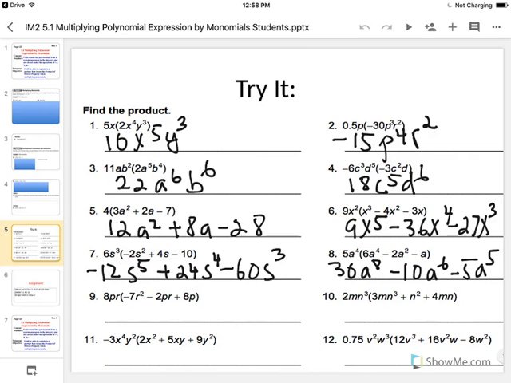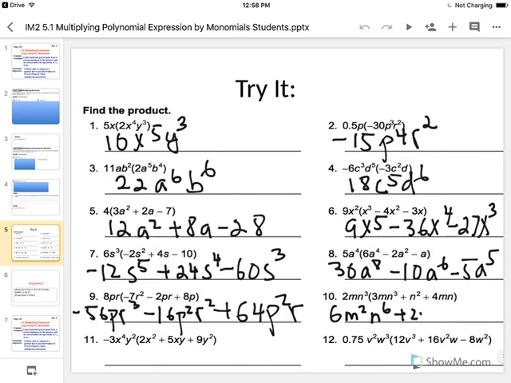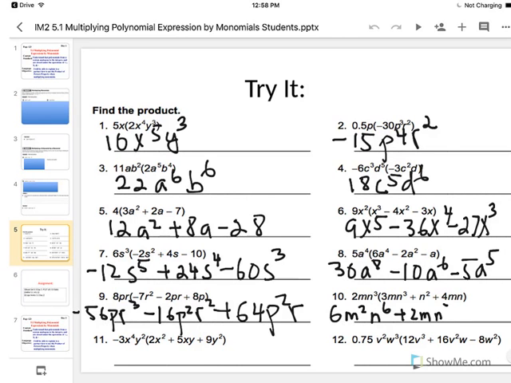Okay, can you check your answer for number 8? And that's the answer to number 9, so please check your work. Please check your work for number 10.